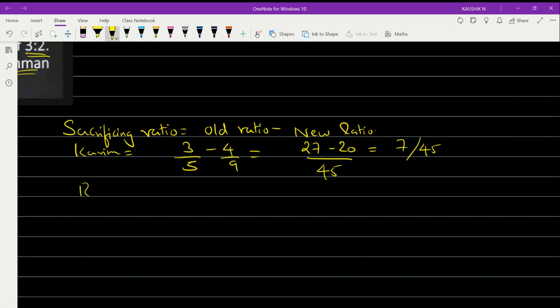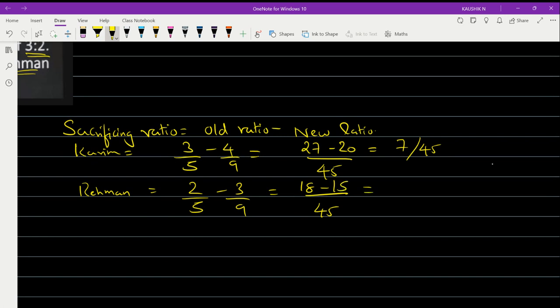Similarly for Rahman. So Rahman's old share was 2 by 5 minus the new share, which is 3 by 9. 45 is the LCM. 5 into 9, 2 into 9, so 18, minus 9 into 5, 3 into 5, so 15.